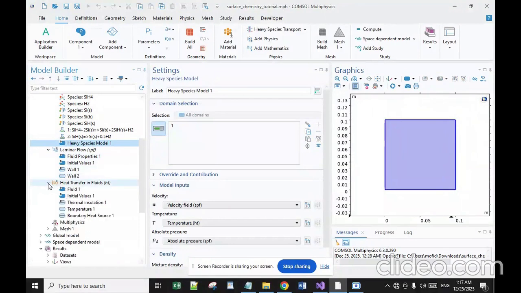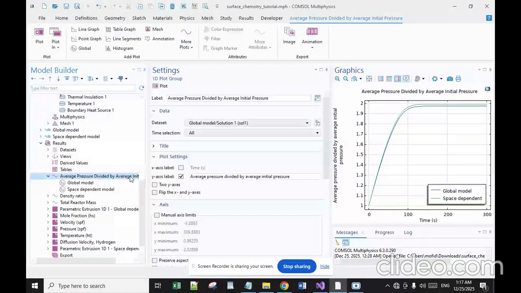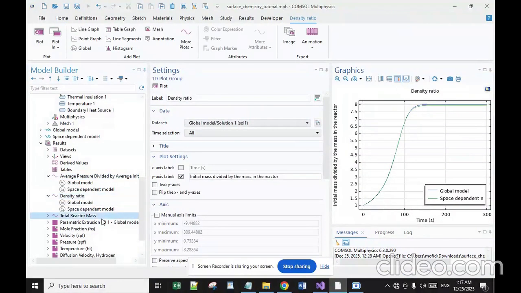We had heat transfer, and after all we have average pressure divided by average initial pressure, that you can see that average pressure is being decreased, and density ratio and total reactor mass.